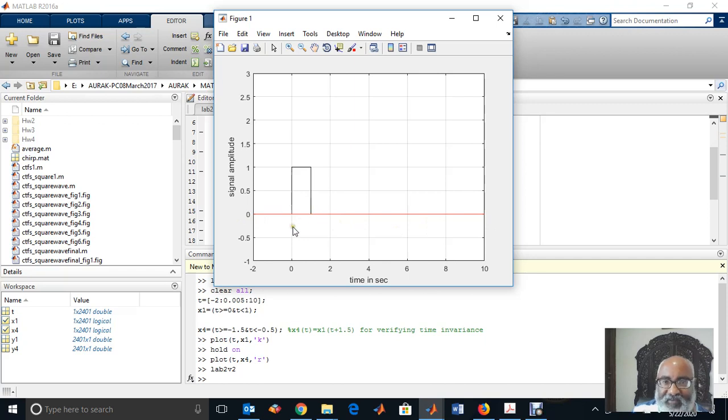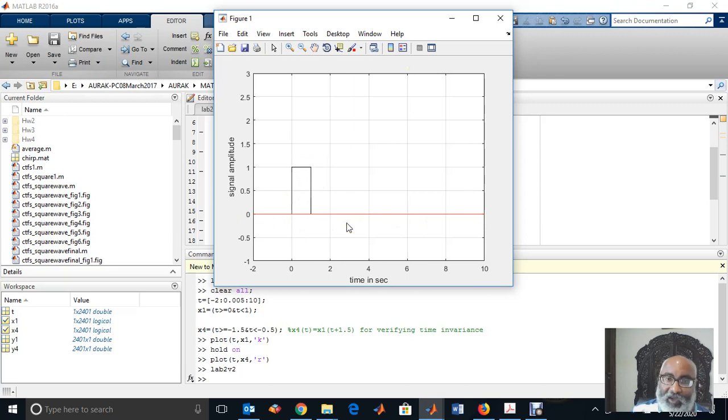If the system was time invariant, then the red color should be the shift of the black color, y1 shifted by 1.5 to the left, but I don't see this. So that means the system is not time invariant, or the system is time variant.